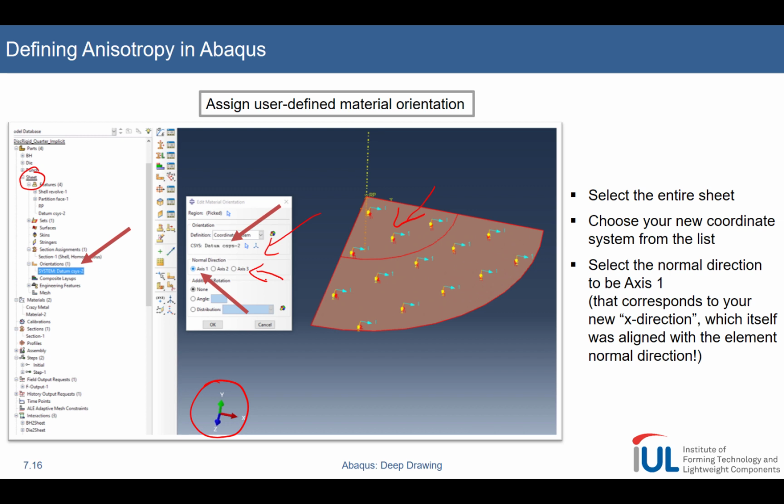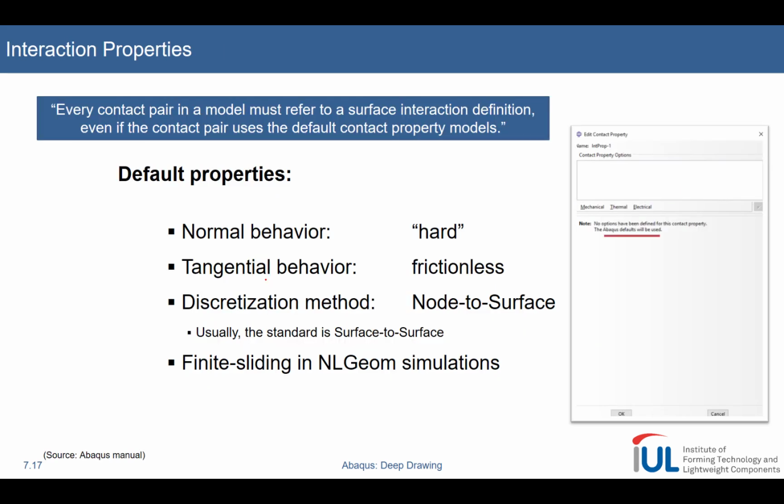Okay, so much for the anisotropy definition, and I want to add some more things on interaction properties. If you look at the manual, you see the following quote: every contact pair in the model must refer to a surface interaction definition even if the contact pair uses the default contact property models. What does it mean?